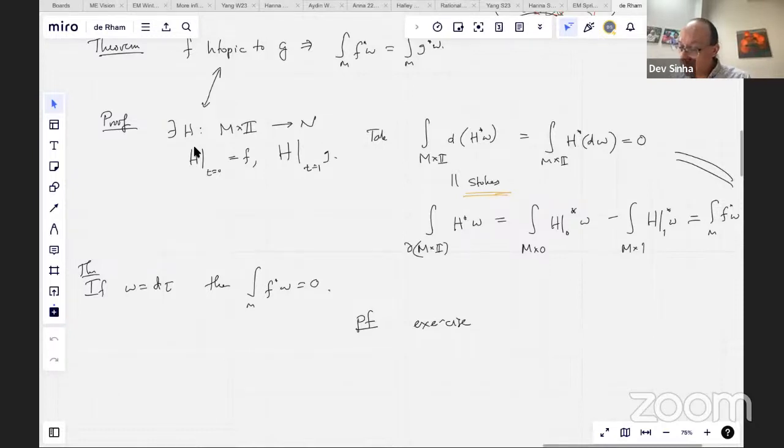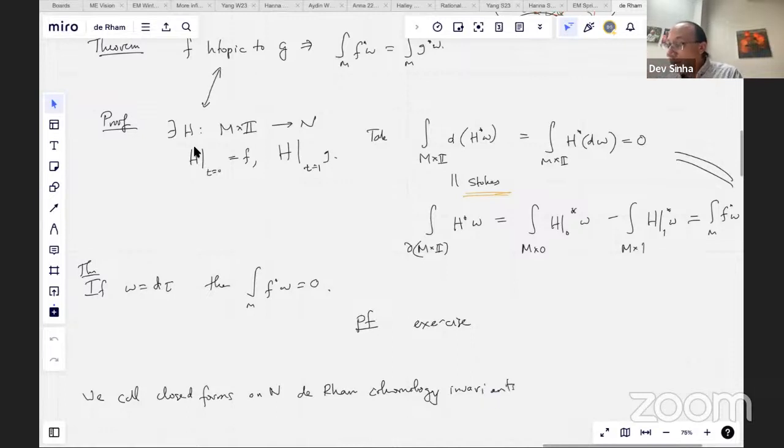So in light of this, we can call closed forms on N the de Rham cohomology invariance of, well, we've talked about maps to N, but you could really just think of it as an invariant of N itself.